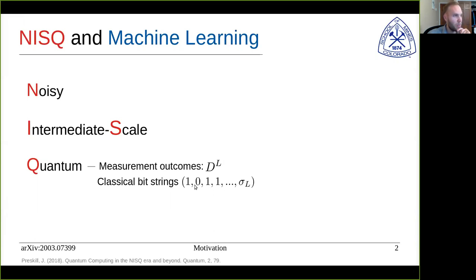This is an example of what a sample is: a classical bit string of length equal to your system size. This results in large data sets in large state spaces, which you get in quantum simulators to determine things like entanglement entropy or quantum gate fidelity, etc.